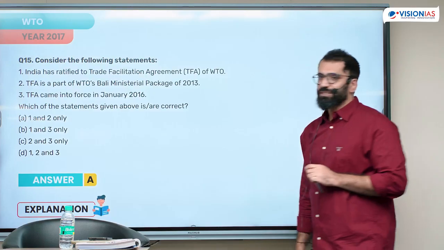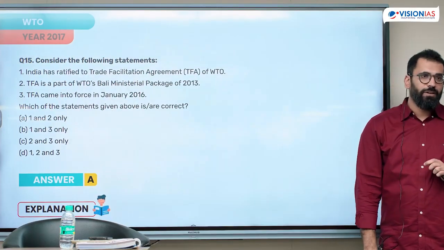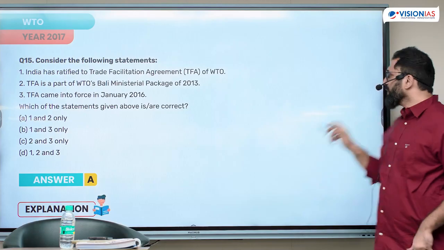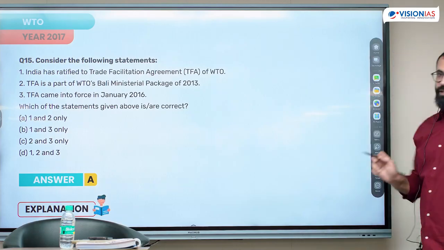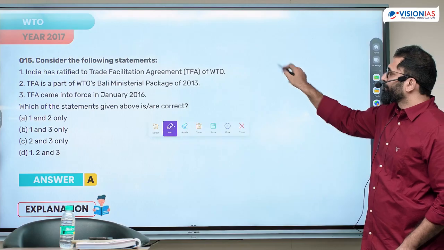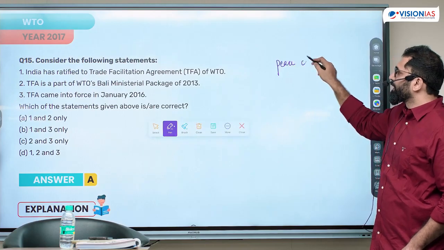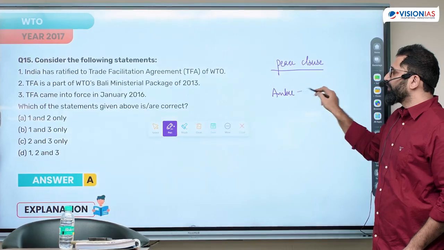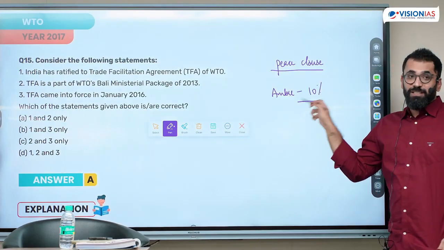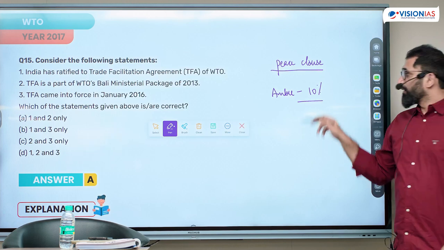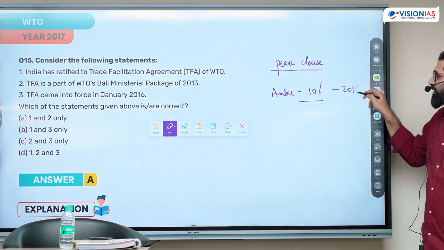It was not January 2016, it was in 2017. In fact, in 2016, there was a problem that happened here. I told you about the peace clause. What was in the peace clause? The peace clause was that you can break the amber box regulation of 10%. But the negotiation in 2013 said you can break it only till the year 2016.